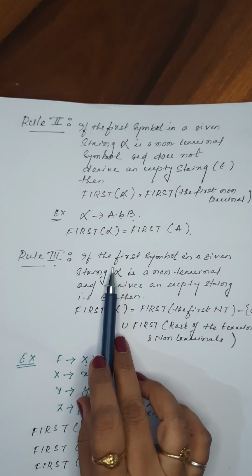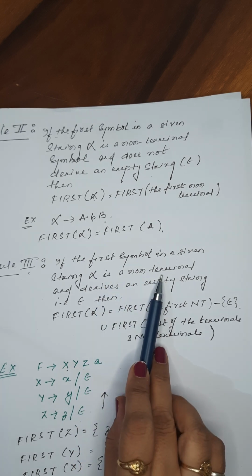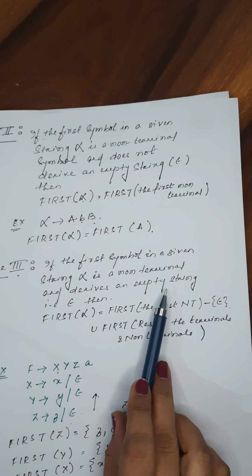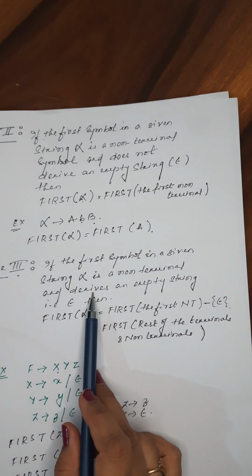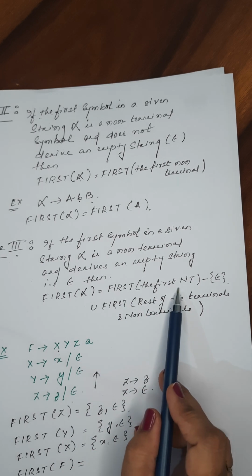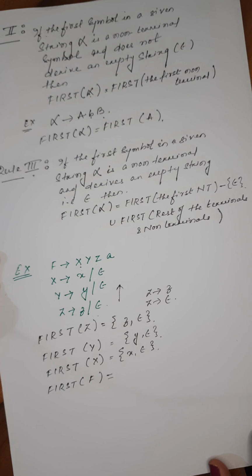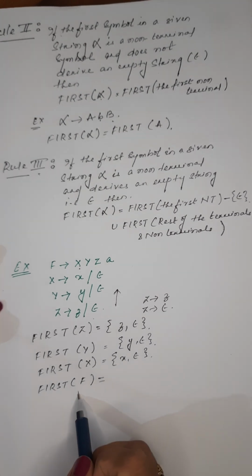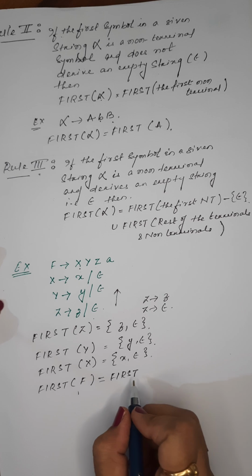Rule number 3 says, if the first symbol in a given string alpha is a non-terminal and derives an empty string. Now see, the first symbol is a non-terminal and it derives an empty string. Then, first of alpha is equal to first of the first non-terminal. We will write step by step. See, what we will write? First of F is equal to first of the first non-terminal.